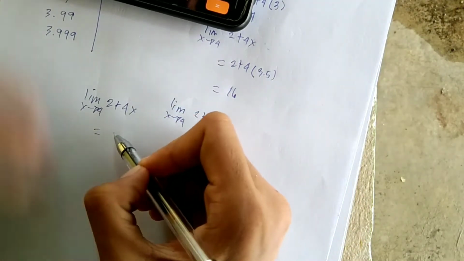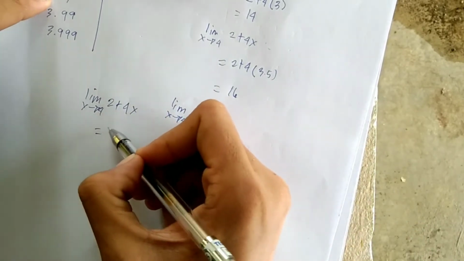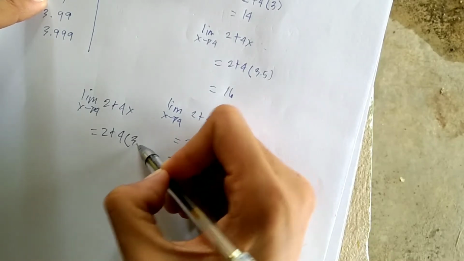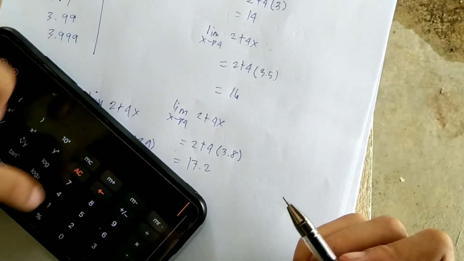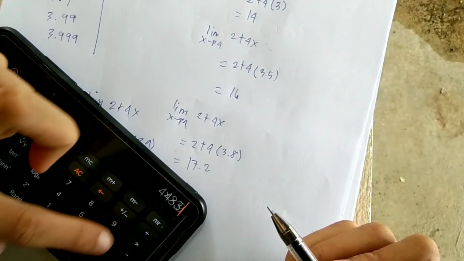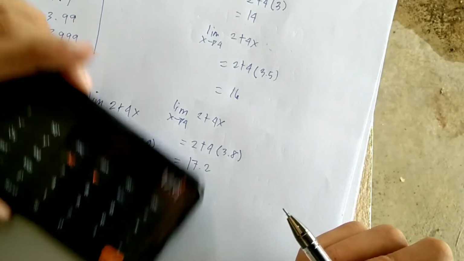So substitute, 2 plus 4 times 3.9. 4 times 3.9 plus 2 is 17.6.